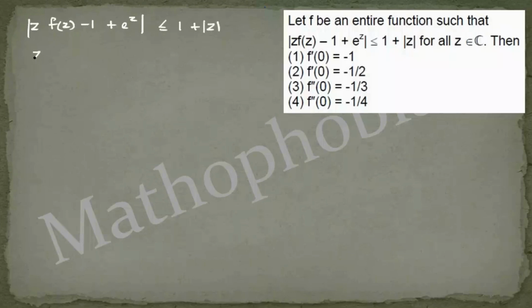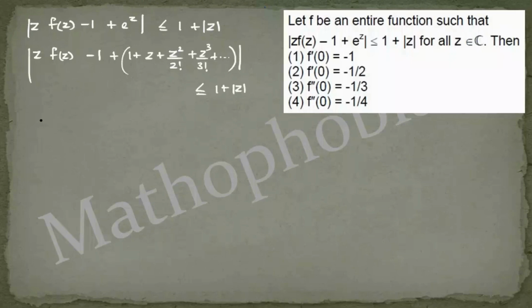Here we are going to expand the value of e power z: 1 plus z plus z square by 2 factorial plus z cube by 3 factorial plus etc. is less than or equal to 1 plus mod z.